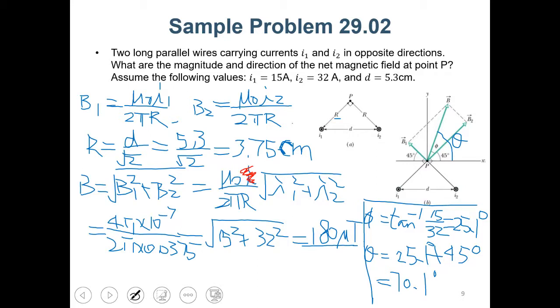You don't really need to separate B1 into x-axis, y-axis, and then separate B2 into x-axis, y-axis, and add them together, and then you will take more steps and be more likely to make mistakes. Any questions?